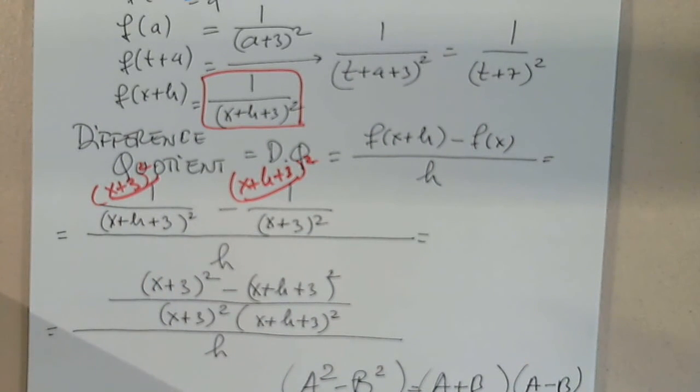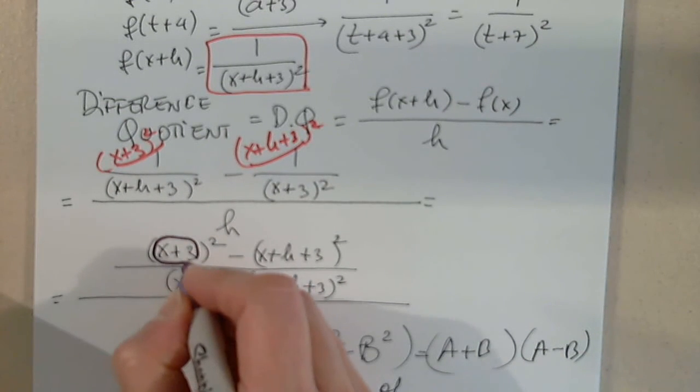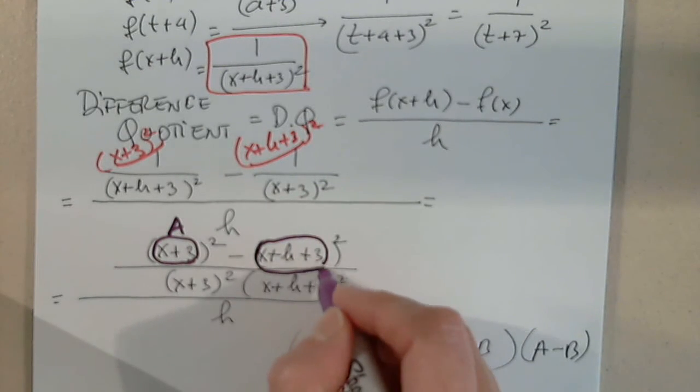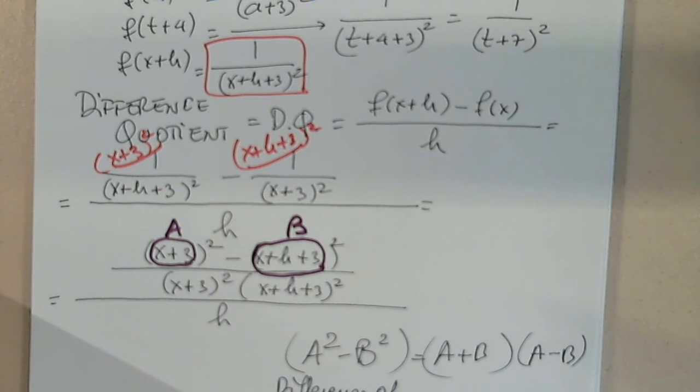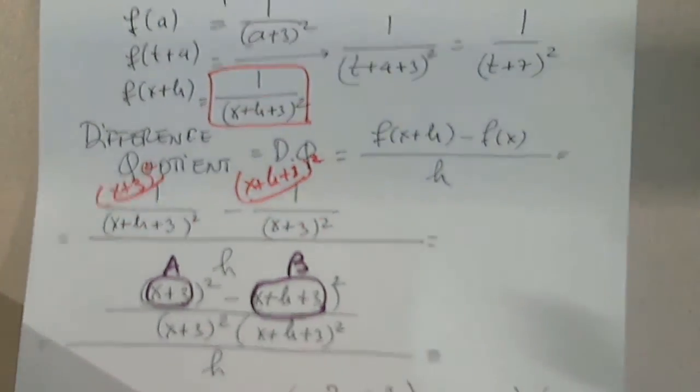So this will be my a, and this will be my b. All I have to do now is just fill in the gaps in here. So I will be moving on to page 3.